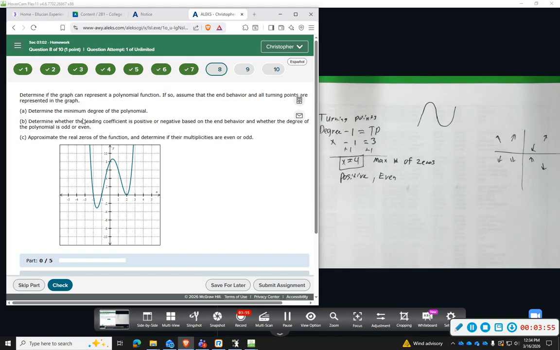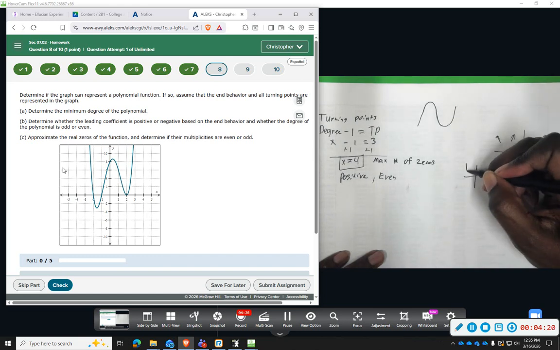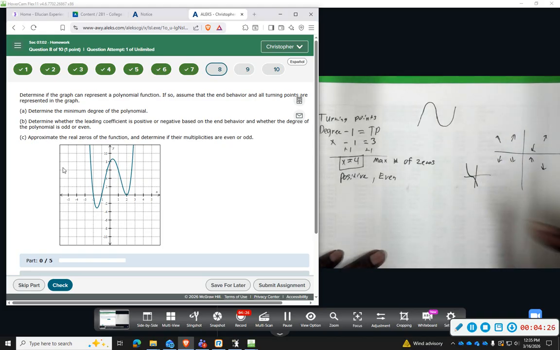Okay, so determining zeros and their multiplicity. When a line crosses the x-axis, that usually guarantees an odd multiplicity, 1. Sometimes it flattens out. Like if this was the x-axis and the graph kind of comes and kind of like flattens out, that would still be odd, but that would let me know maybe it has a higher multiplicity than 1.